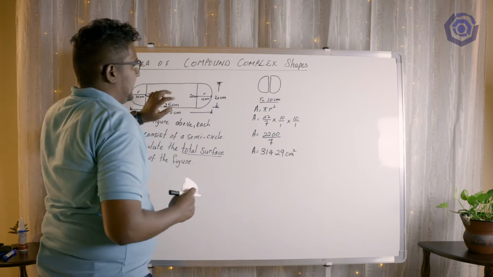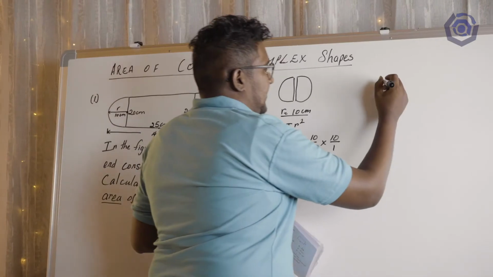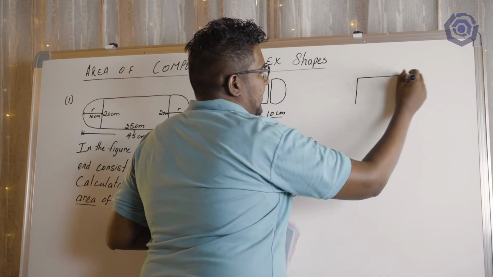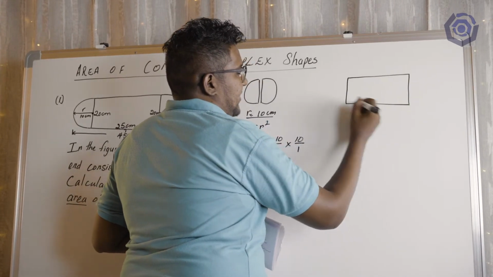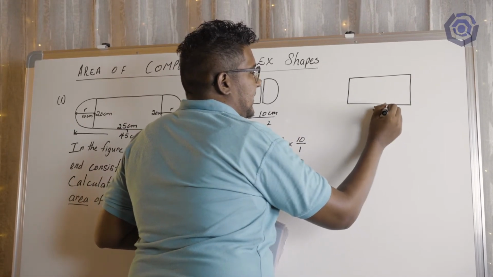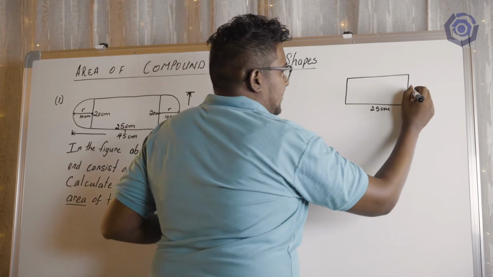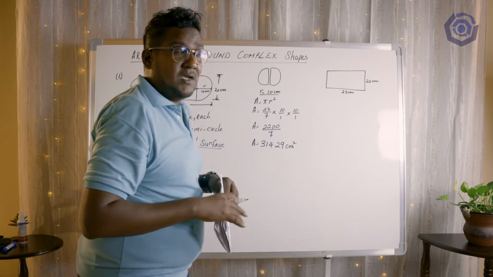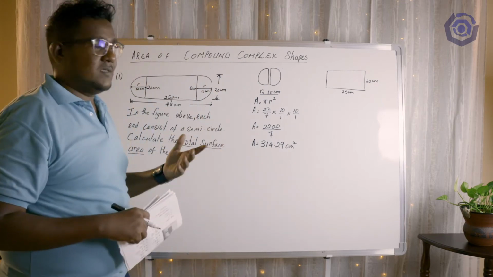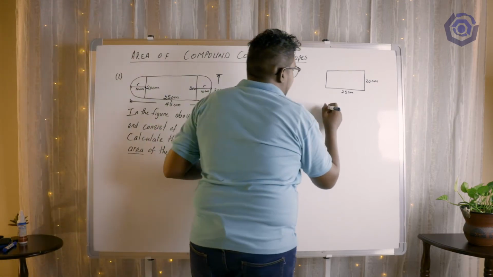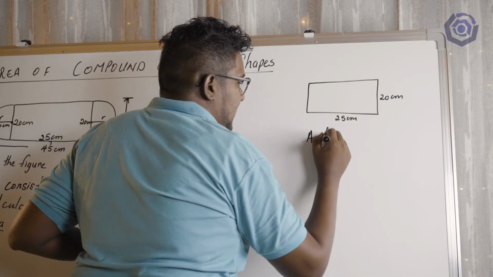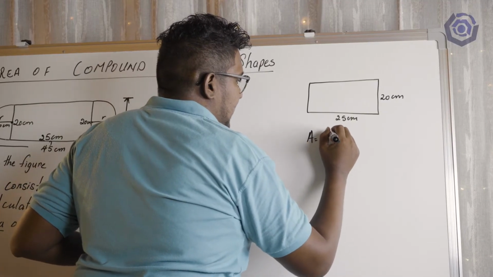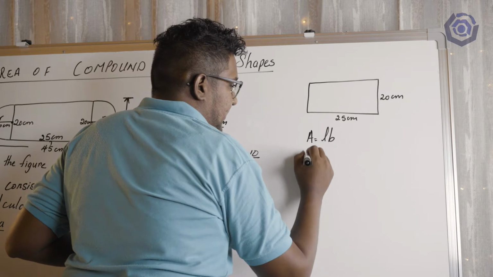Now let's find the area for the rectangle in the middle. So let me just put a little diagram of the rectangle we're looking at. The rectangle, the length is 25 cm, and the width we found to be 20 cm. Width or breadth, right? Remember, it's interchangeable. Some would say width and some would say breadth. So A is equal to length times breadth, or LB.